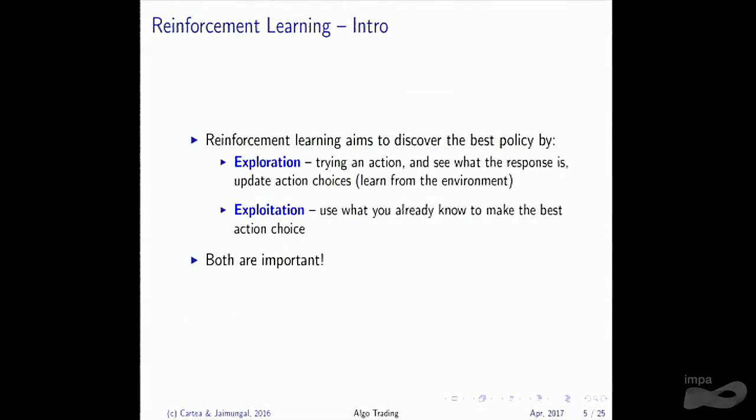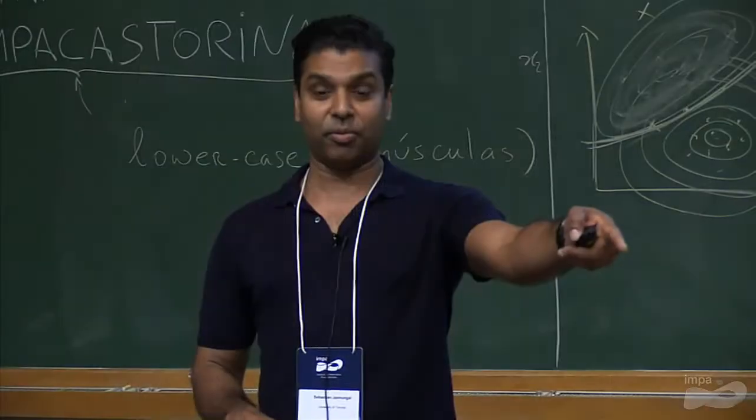So the main idea behind reinforcement learning is that you're trying to discover the action policy by doing two things, what's called exploration and exploitation. It's like, imagine it's your first time in Rio and you don't know any restaurants, so you're going to try a whole bunch. Then after you've tried a bunch, maybe you got a recommendation as well, and you go there and you reinforce, oh yeah, that was really good, so maybe you're going to go there more.